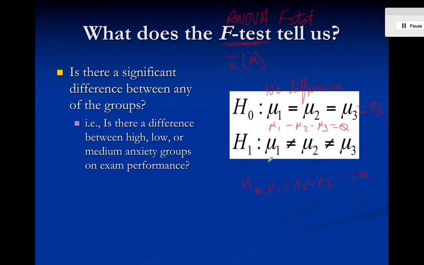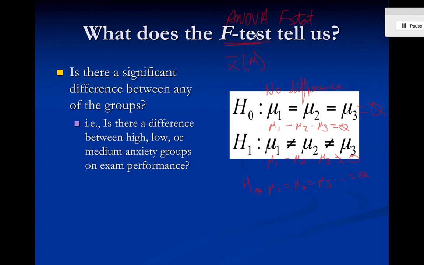Now, the alternative hypothesis, the exact same thing in terms of mu1 minus mu2 minus mu3, is going to be not equal to 0. So in other words, the 3 groups are not going to be equal to each other. Thus, the difference between them is not going to be equal to 0.